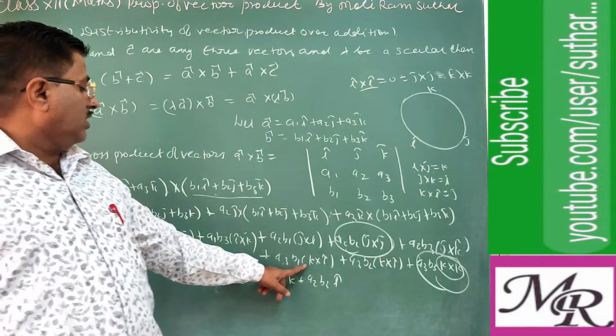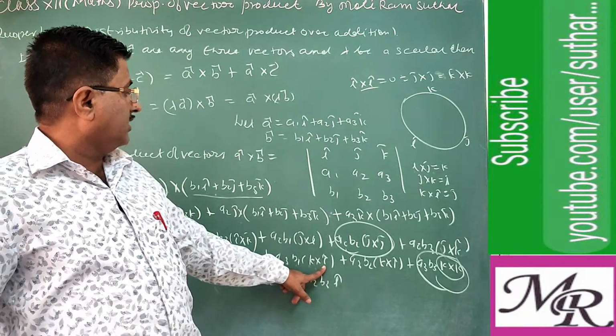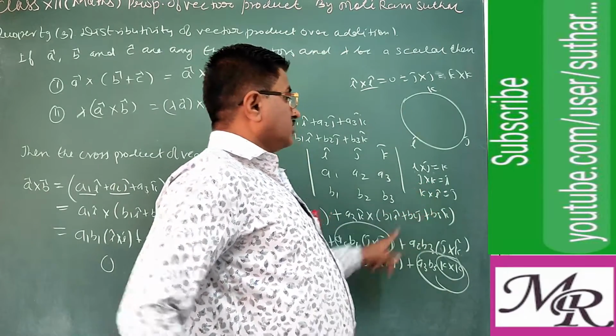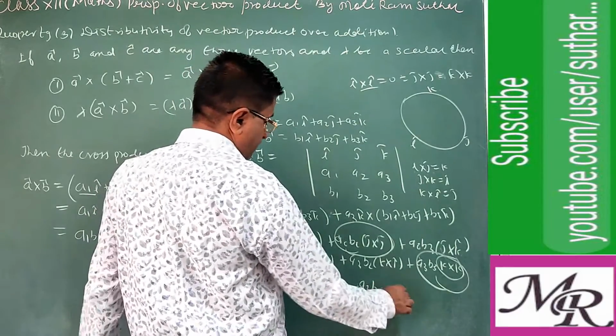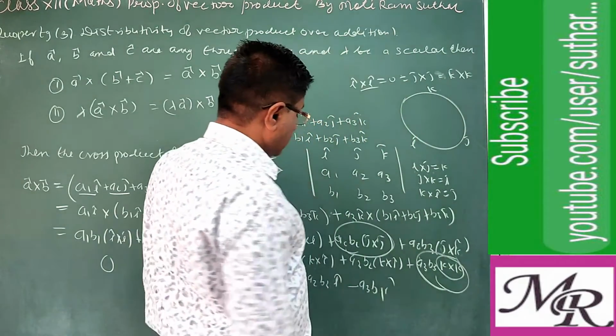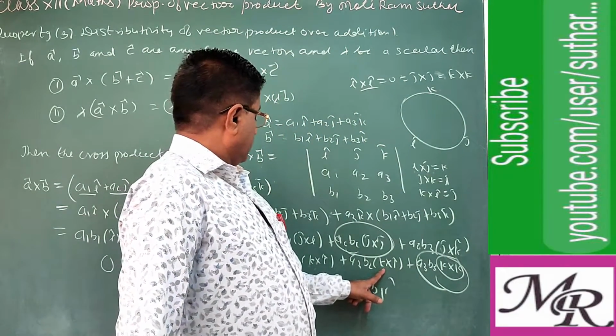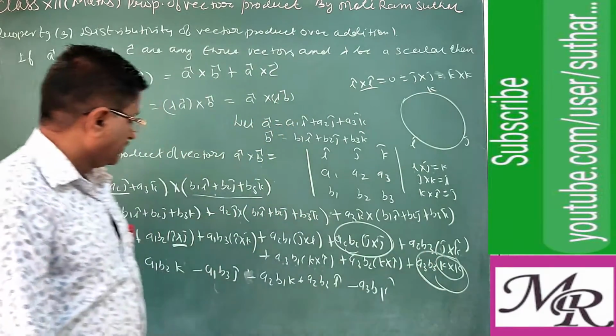And A3, B1, K cross I. So you can say here K cross J, that direction is changed. So that's why this is minus A3, B1, J. Then A3 B3 that is already 0.